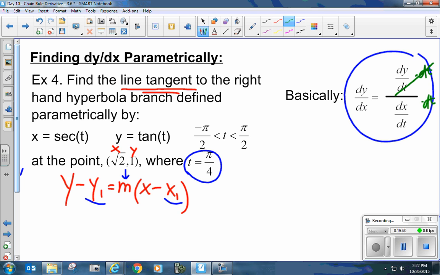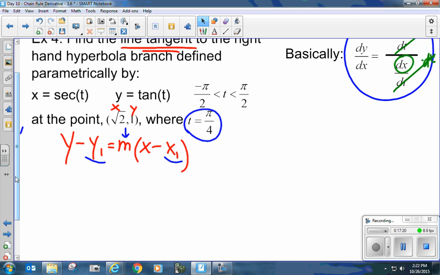And what happens? I have dy over dx, don't I? With respect to time. You don't have to worry about it because guess what? It wipes away. You can take the derivative of your y over the derivative of your x. So whenever they give you parametrically and they give you an x and a y function, the derivative of y with the derivative of x. Isn't slope y over x? Derivative of y with derivative of x. That's what it looks like.